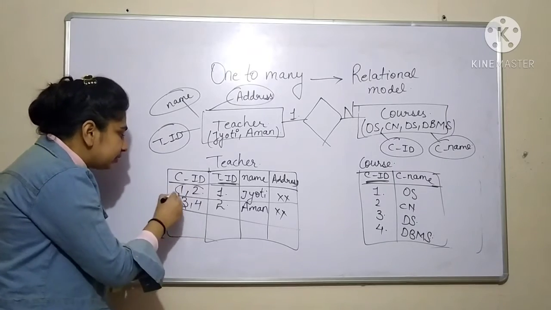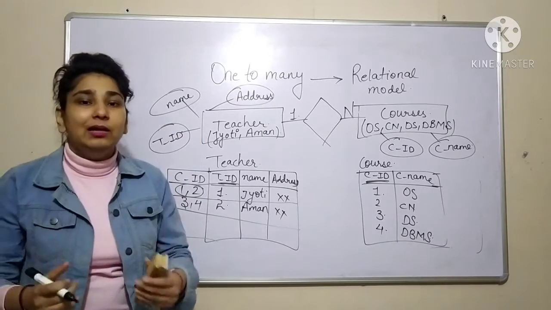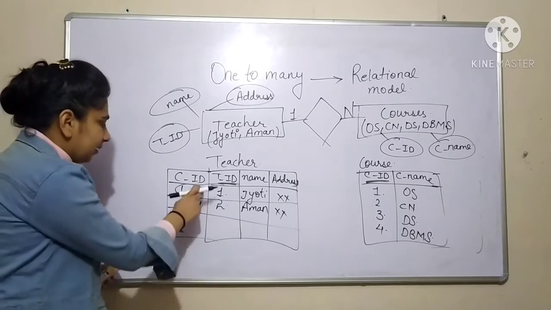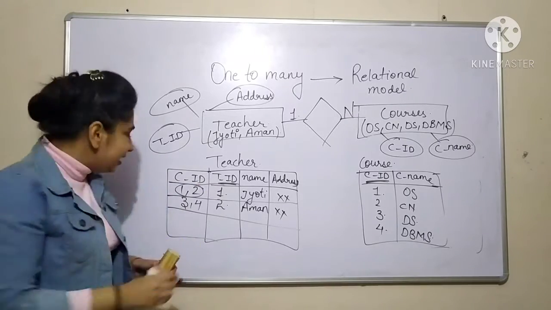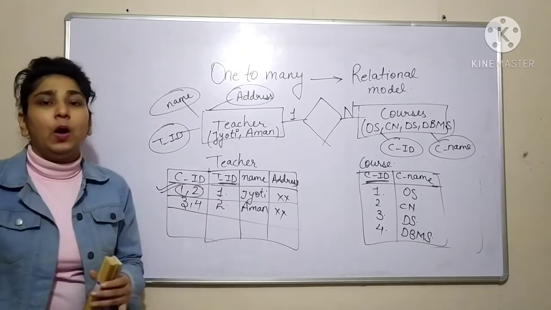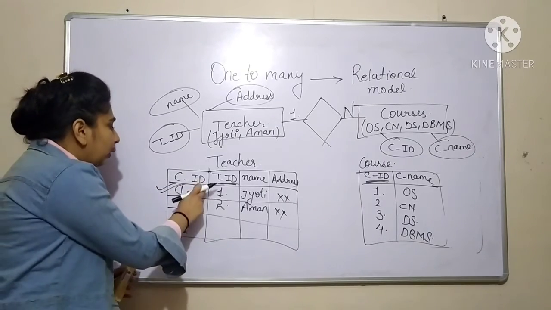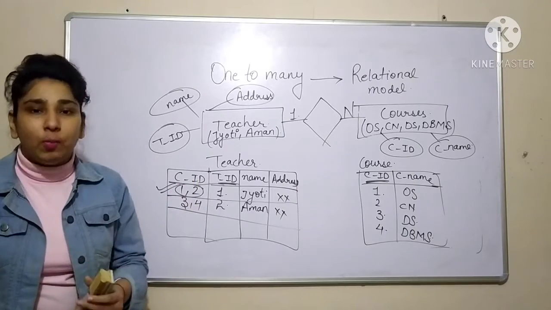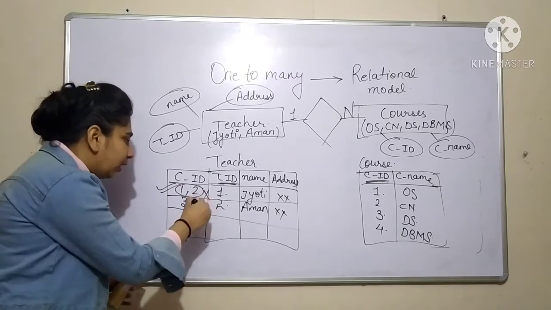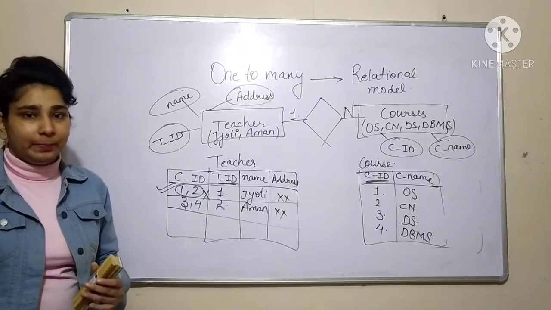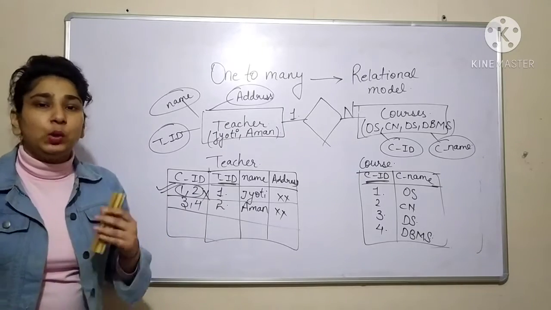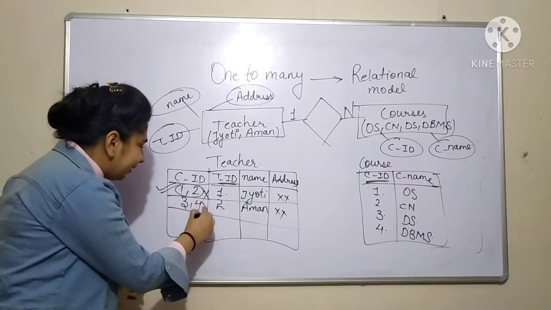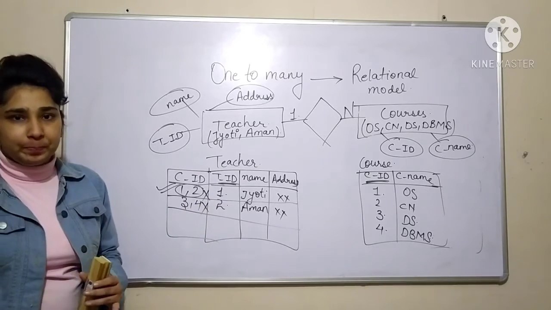We never use multiple values in one cell with the help of commas. In this one particular cell, we are using 2 values separated by commas. So that is not actually possible. We always try to keep a single value in a cell. So that case is not possible.